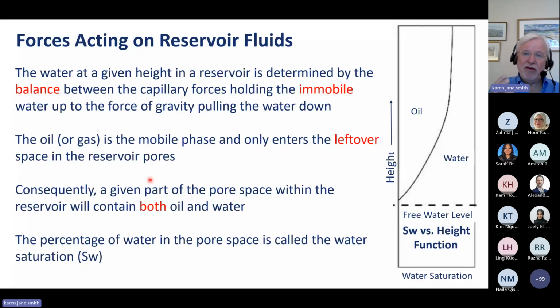So in the well and in your reservoir model, part of the pore space will contain both oil and water. And generally, this is where the idea of water saturation came up, the percentage of water in a pore volume.